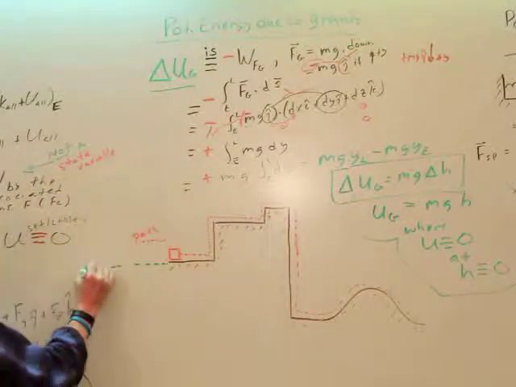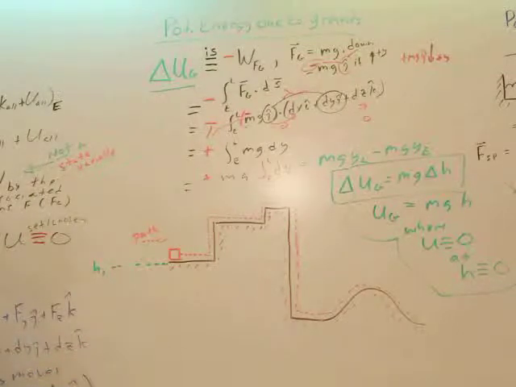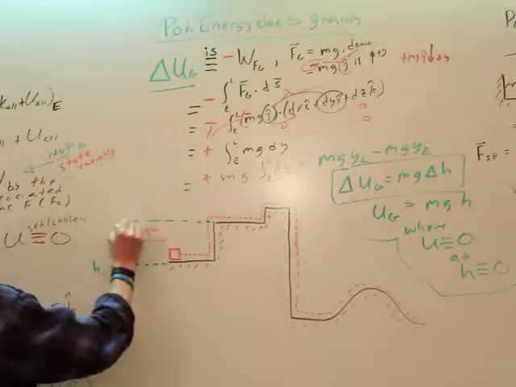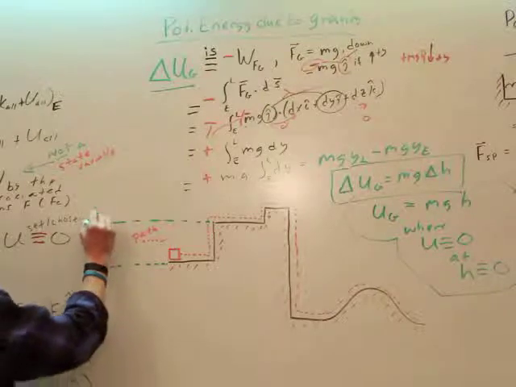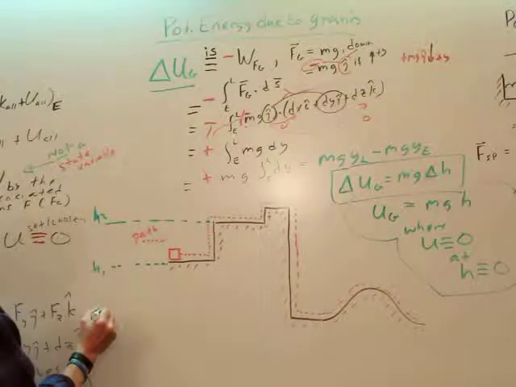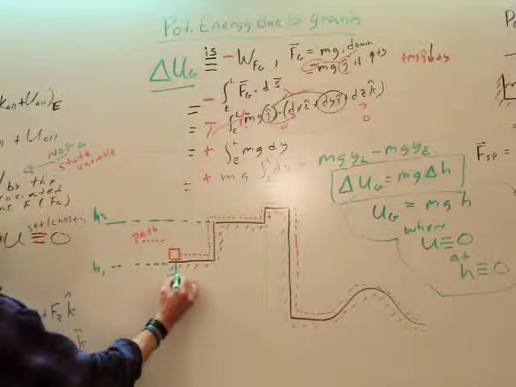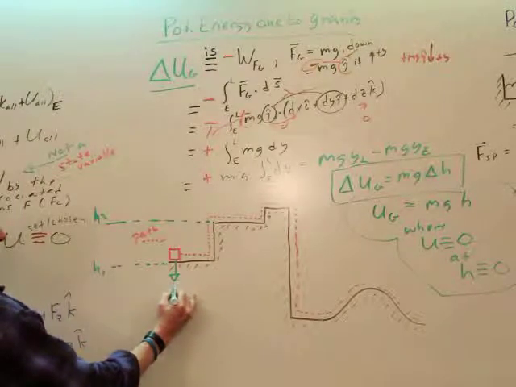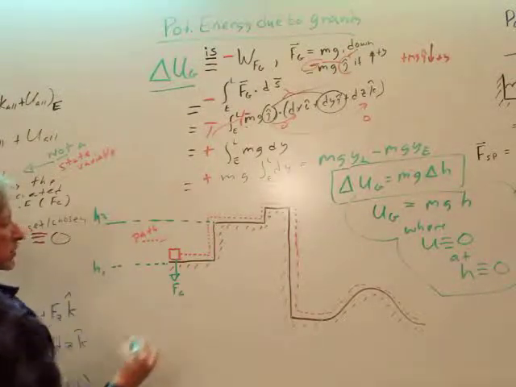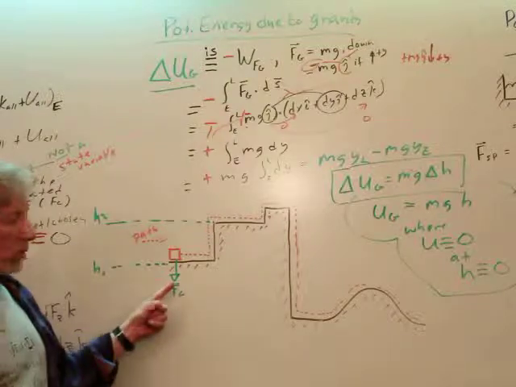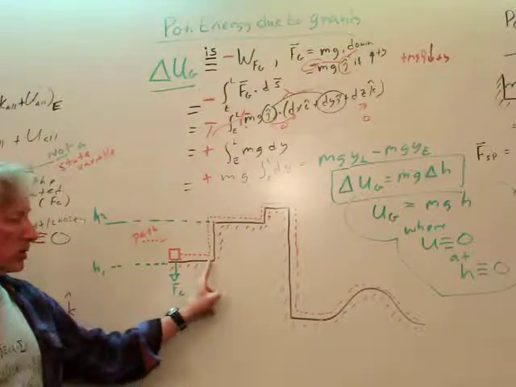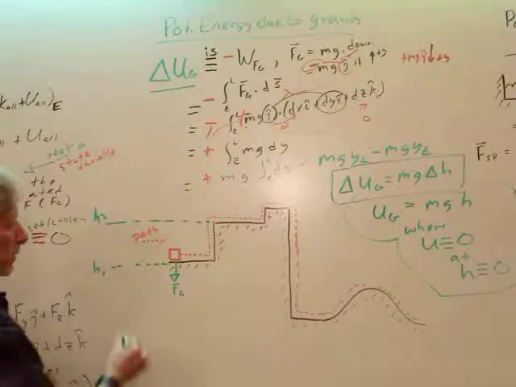If I start here, let's say that's h1, wherever I define it to be 0, and I go to h2. Well, let's see, force of gravity is this way. My path is this way. The work due to that force, you can see, is 0, perpendicular to the path.